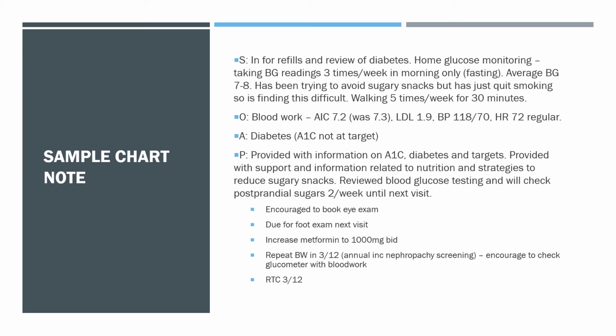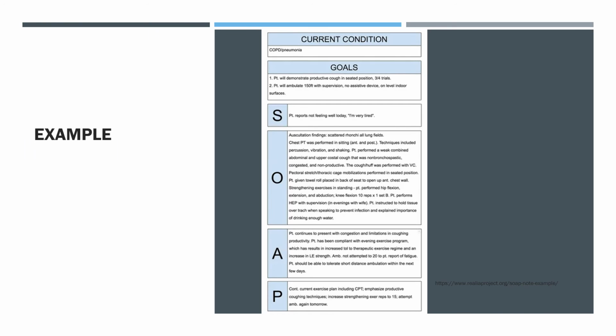Encourage the patient to book an eye exam, also a foot exam. Increase metformin to 1,000 milligrams twice a day. Repeat blood work in 3 months. Encourage to check the glucometer with blood work. Return in 3 months.